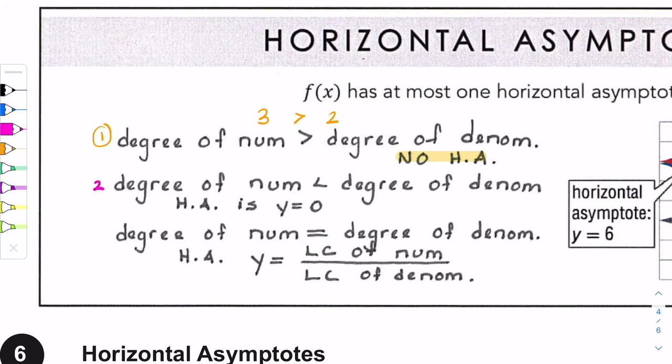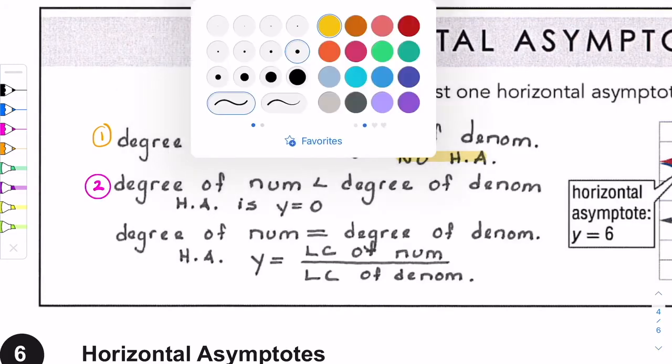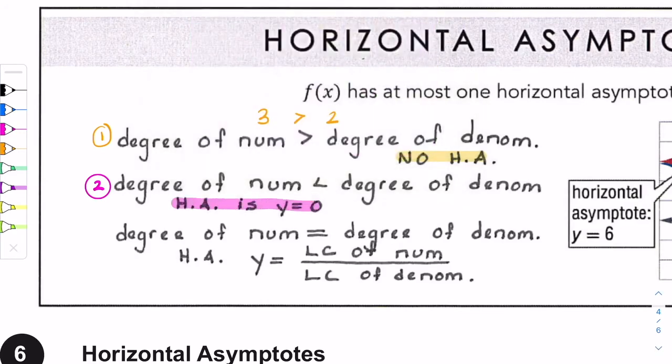For the second potential answer, if the degree of the numerator is less than the degree of the denominator, then the horizontal asymptote is always at the line y equals 0.